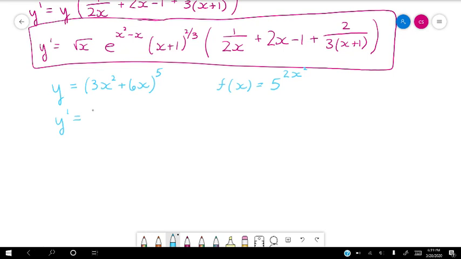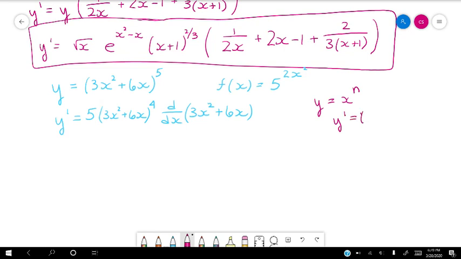So if this was the case, we bring down the exponent, subtract 1 for the new exponent, and then we take the derivative of the inside function using our chain rule. A simplified rule is when y is equal to x to the nth, y prime is n times x to the n minus 1. Okay, so that's one case with the exponential functions we have.